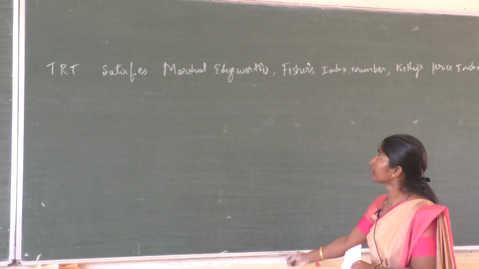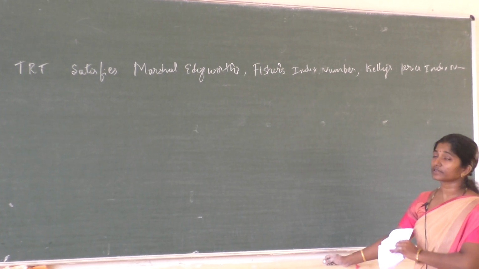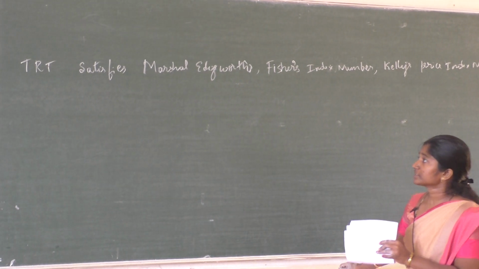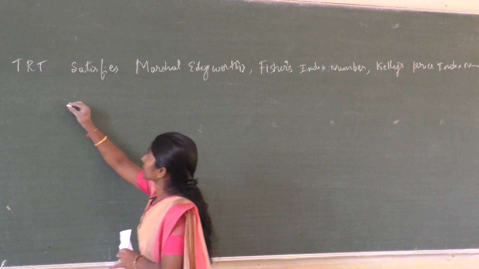Marshall-Edgeworth price index number, Fisher's price index number, and Kelly's price index number, these all satisfy the TRT. And which one does not satisfy?